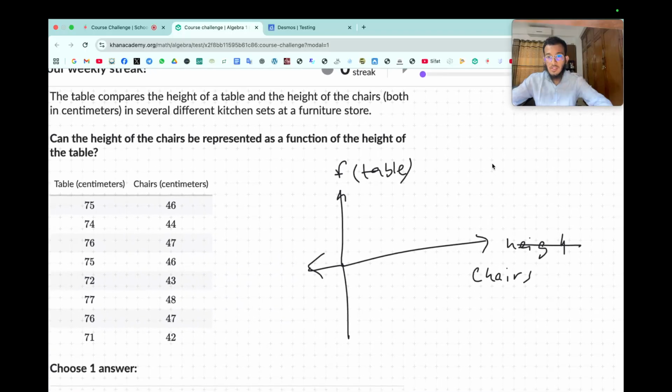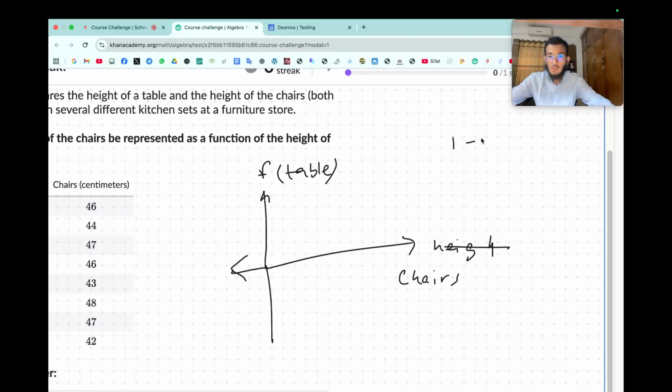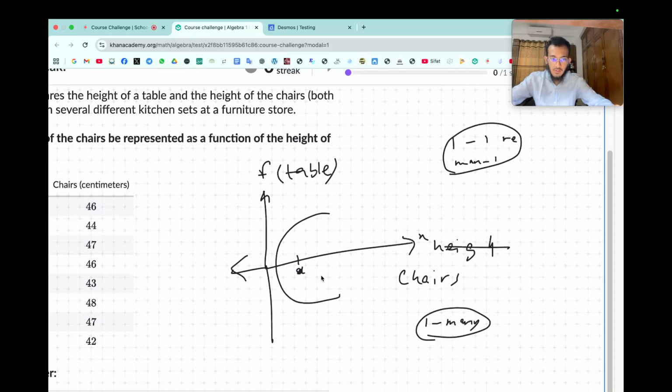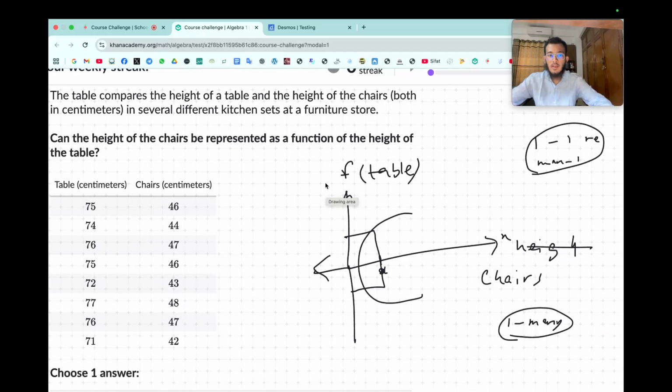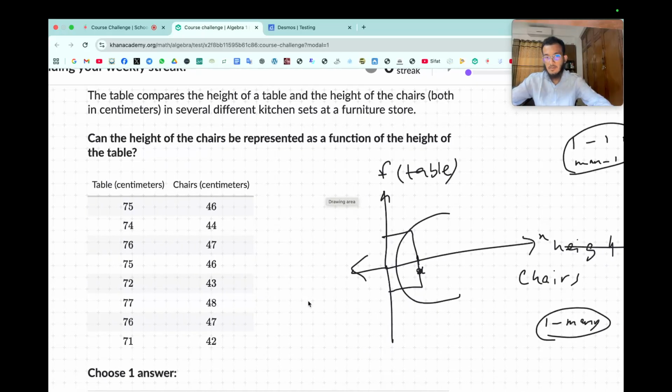So we know that a function is defined for a one-to-one or many-to-one relationship. But if we find that we have a relationship like one-to-many, which means for one value of x, let's say whatever value of x, we have multiple values of y, in that case, we can say that this relationship cannot be represented as a function, because a function is not defined for a one-to-many relationship.